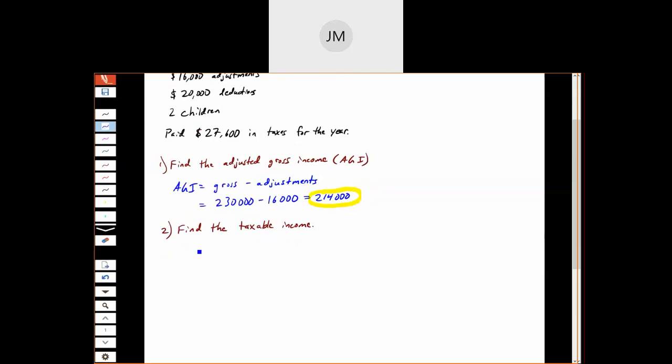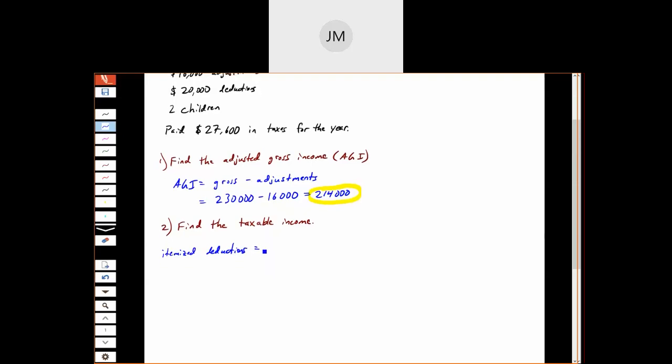So for the taxable income, we have to figure out, do we want to use their itemized deductions or the standard deduction?